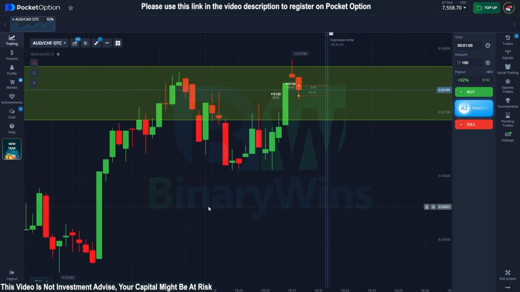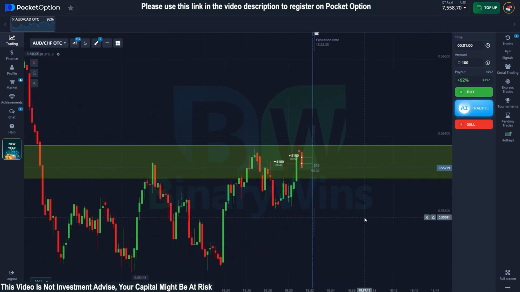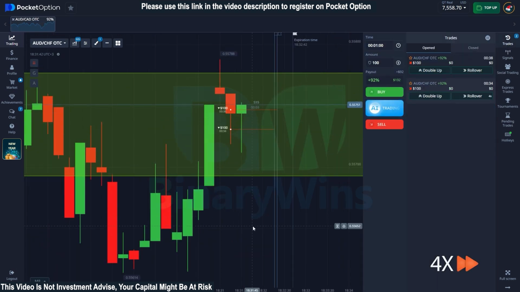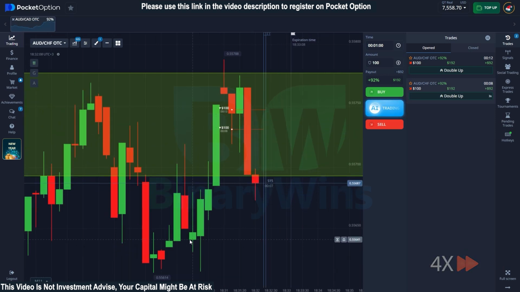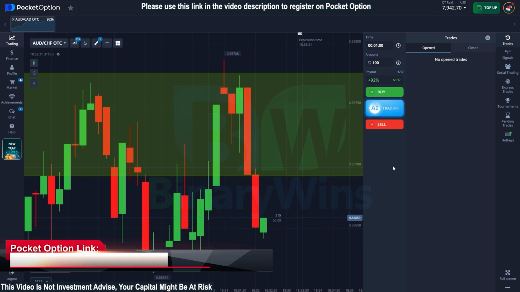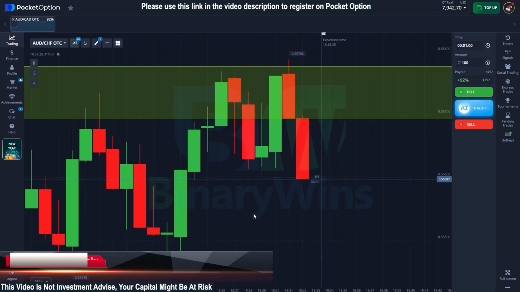If you look, we found a level where we have already seen a trend reversal. Very well. We have compensated for the previous trade.